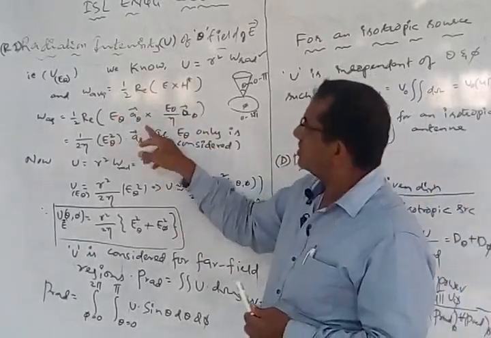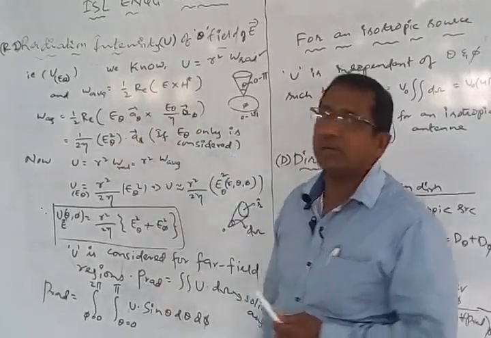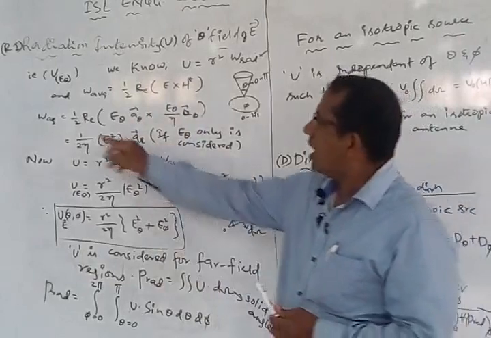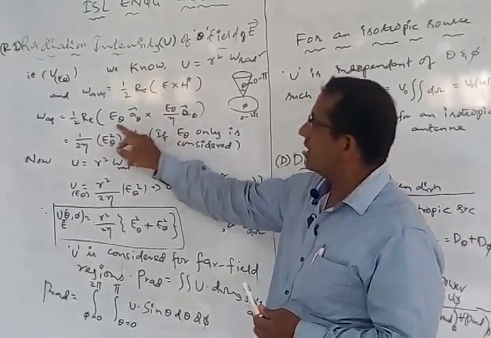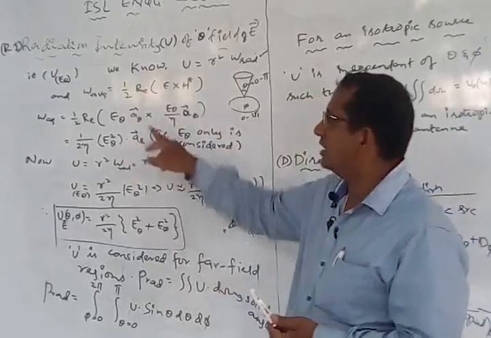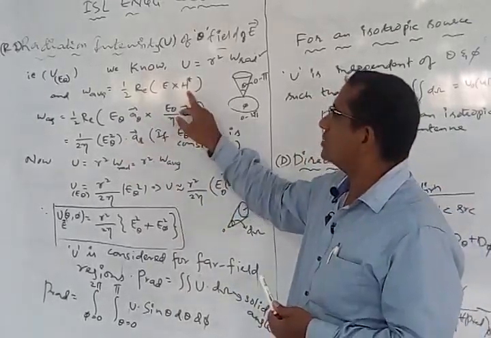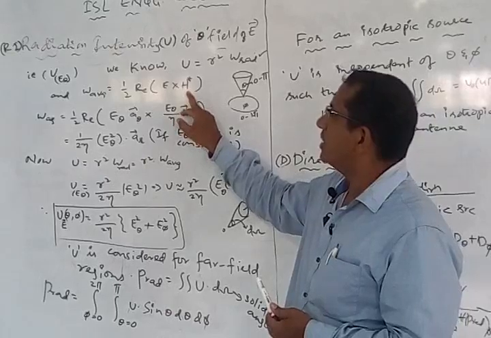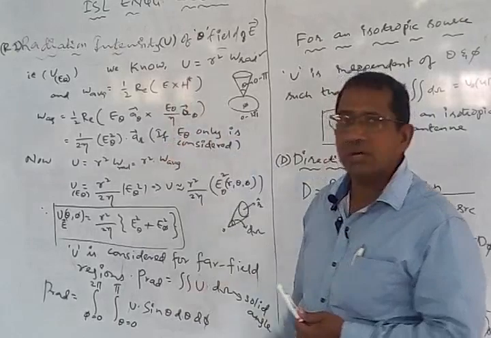Now let us write this electric field in the direction of theta. Half RE of E, I replace E with E theta, and the direction of that electric field is theta, so I write A theta, cross H. H I can write as E theta by eta, right?